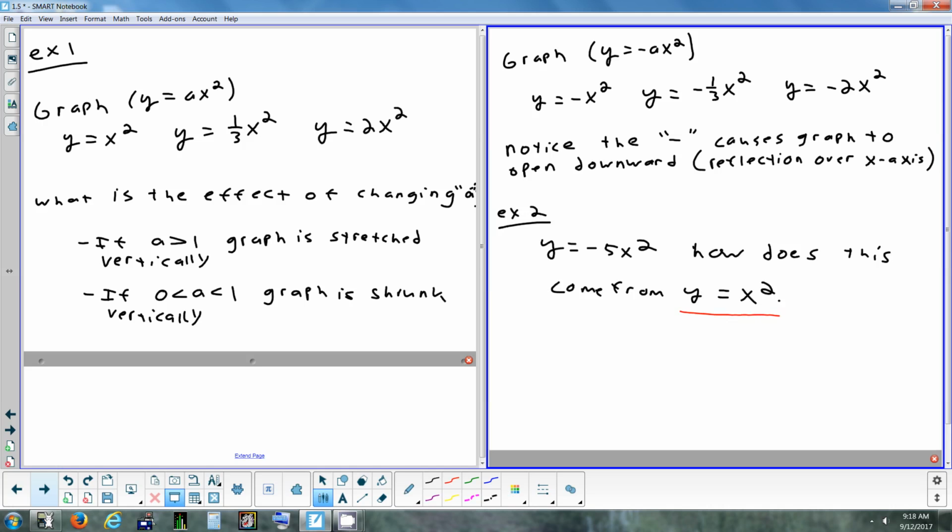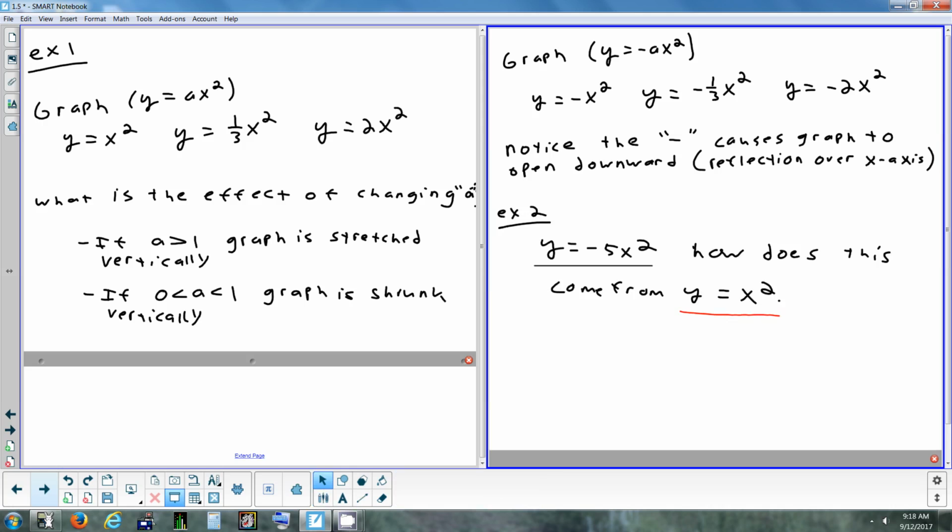How many things are happening to turn the graph I underlined in red into the one I underlined in black? How about Abby? What do you think? How many transformations does it take to change the one in red into the one in black?